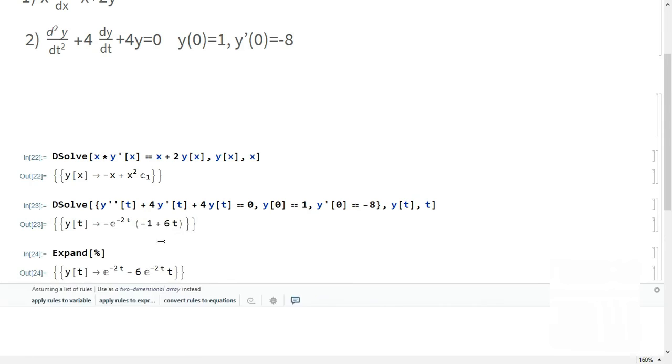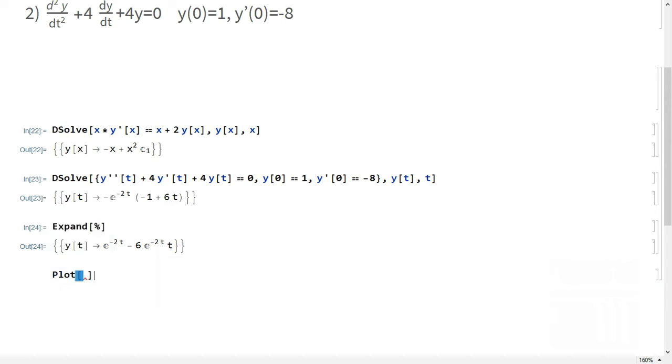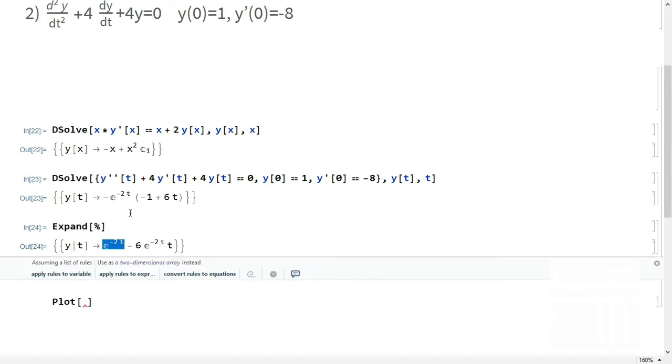Now you want to see the solutions in a graphical manner. That means now we want to plot this solution. How can we do that? Well, again we can use Plot. We can type this expression over here, that is coming from here, or this one, your choice.